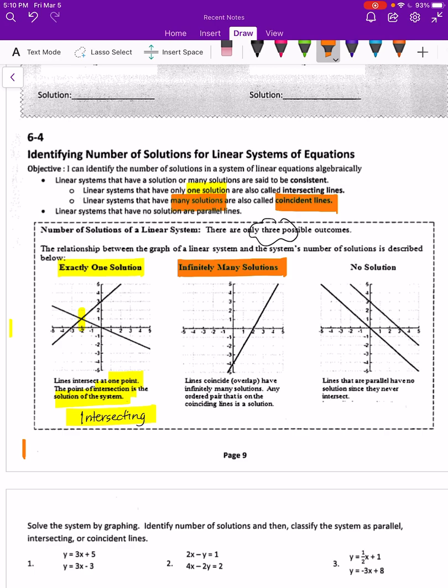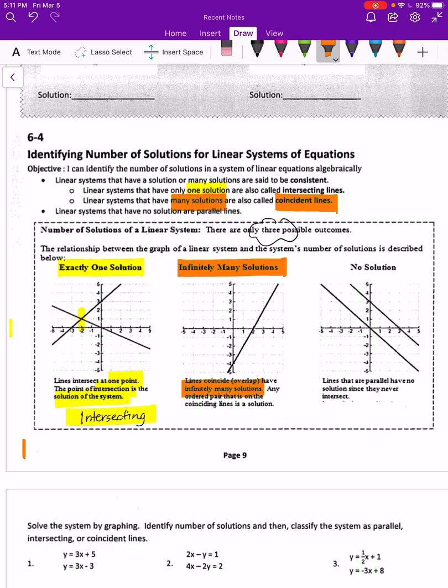If you look, there's just one line here, and you're thinking, well, I thought a system was more than one line. Well, what happens is these lines end up being on top of each other, the exact same line. So lines that are coincident overlap and have infinitely many solutions.